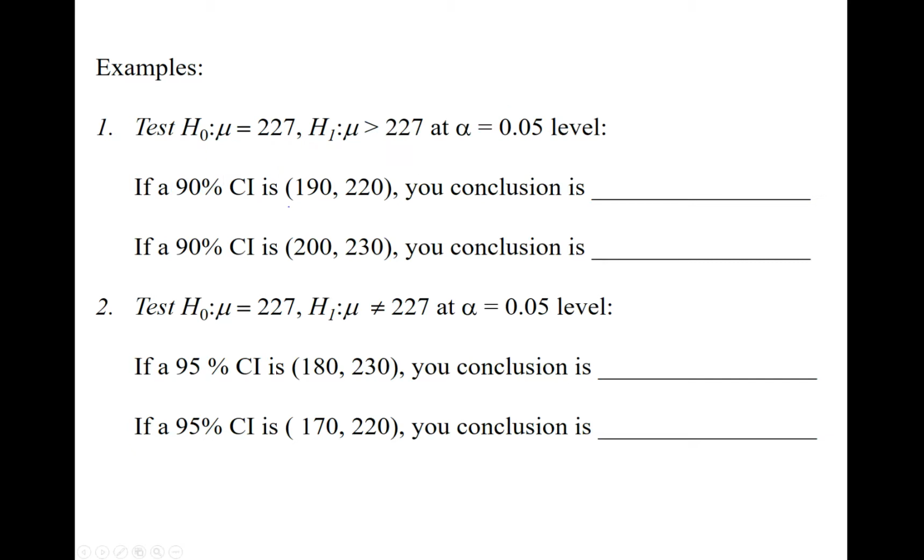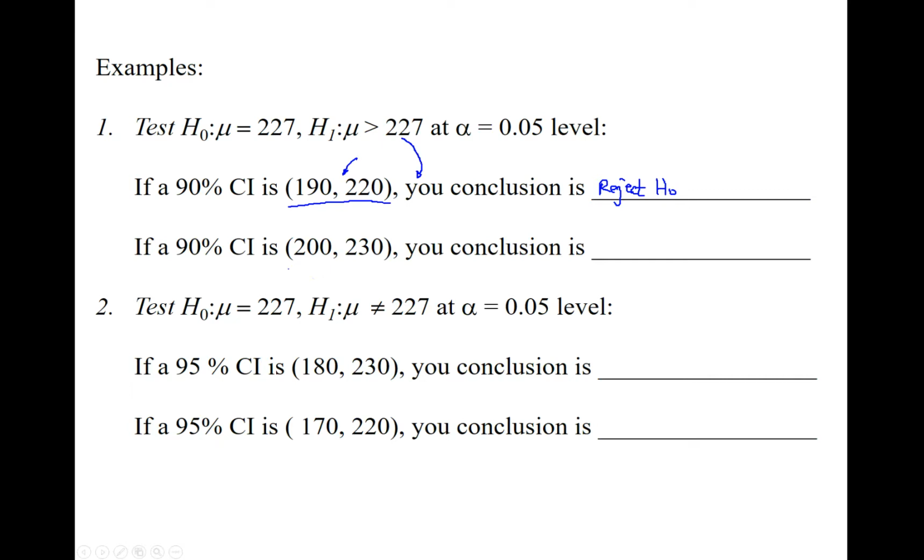Suppose the 90% confidence interval is given. Let's see, 227 is falling outside. So it's not in the range you're confident about. Therefore, your conclusion is you reject H0.